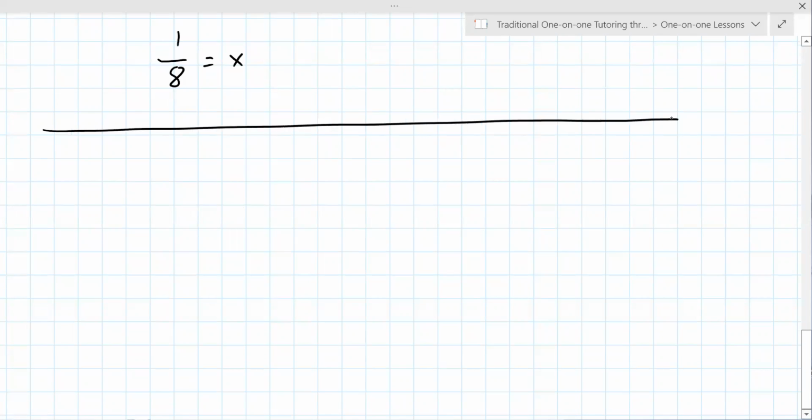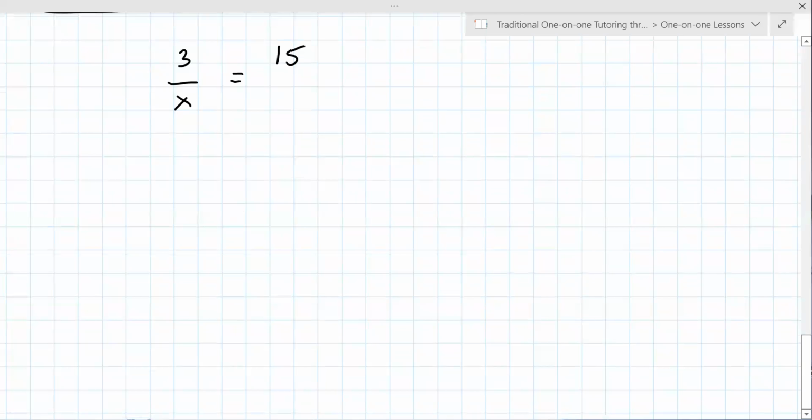All right, so let's have you try a problem here. Let's go with 3 over x equals 15. I want you to try solving this on your own, please. Okay.